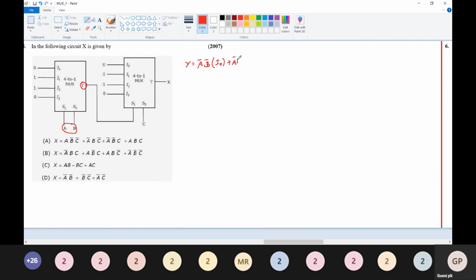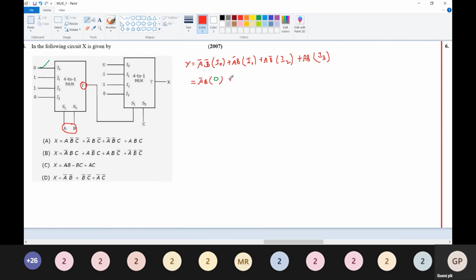A dash B into I1 plus A B dash into I2 plus AB into I3. Now write the corresponding input values here. So A dash B dash into, what is your I naught? Your I naught is going to be 0.